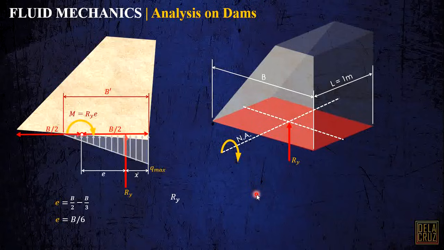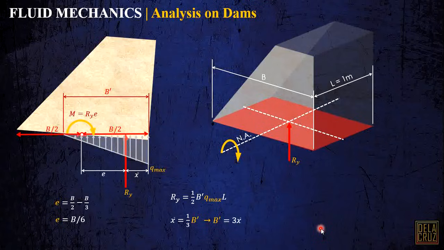Okay, now take note that this RY, ito, that is just this area times the perpendicular length. So 1/2 of B prime times Q max times the perpendicular length L, no? In this case, that is 1 meters. So okay, take note that part X here, in this case, that should be 1/3 of the B prime. Okay?